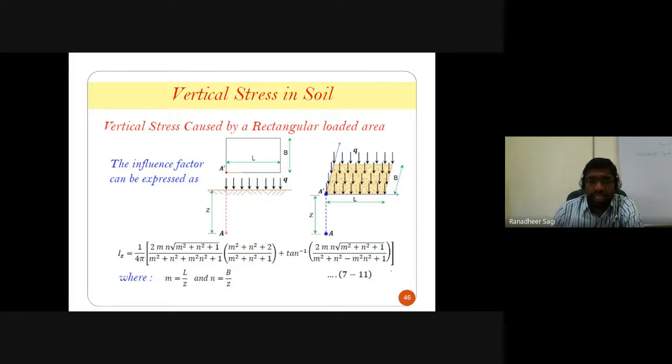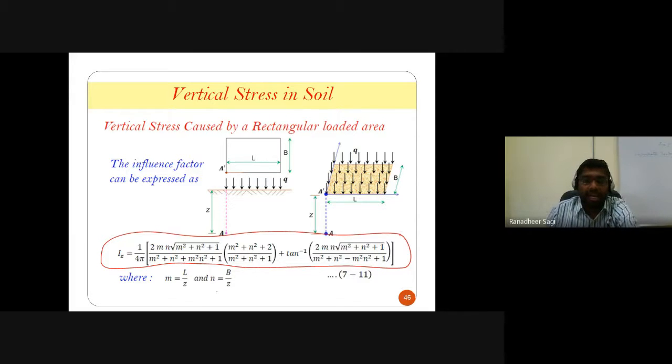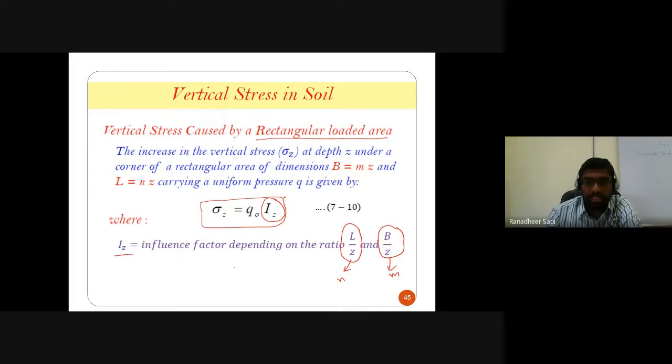And if you understand from this particular expression, this is my expression for Iz. Look, a very simple expression, where m stands for the ratio of L by Z. Previous expression there was a mistake. Even here, B is nothing but n into Z, I'll be correcting it later in my slide.